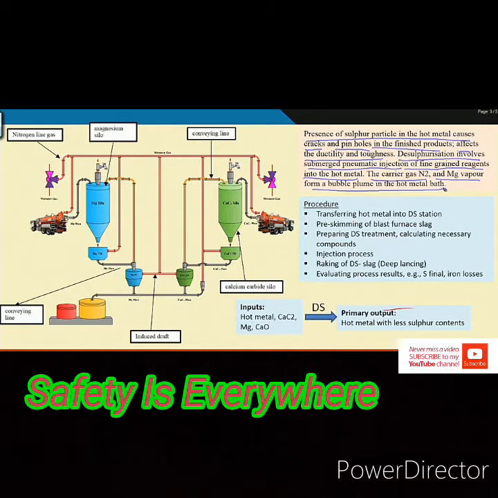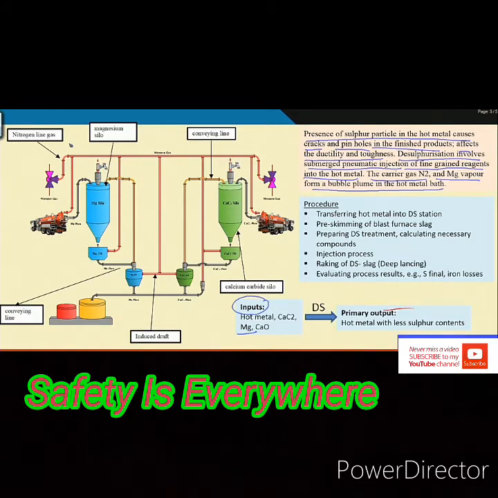Okay. So, what are the inputs? Inputs are these, and this is the desulfurization unit, where you see the magnesium silo, CaC2 silo, and then there are different carrying lines, nitrogen gas lines, CaC2 lines, so many things.